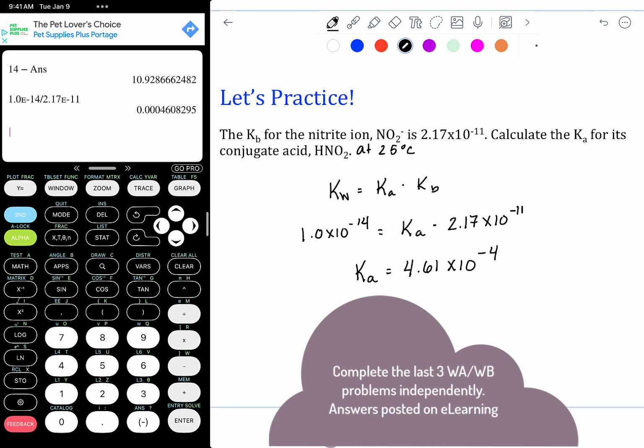Now, in your note packet, you have 3 additional practice problems with weak acids and weak bases, using pH and pOH to find concentrations or to find Kas or Kbs and percent ionizations. What I want you to do is to practice those 3 problems independently.